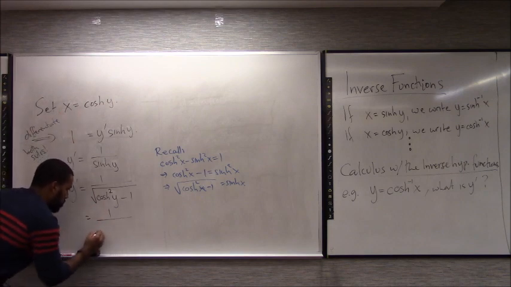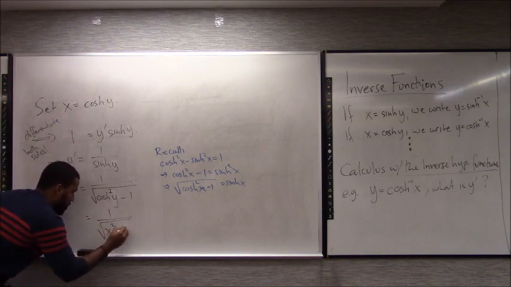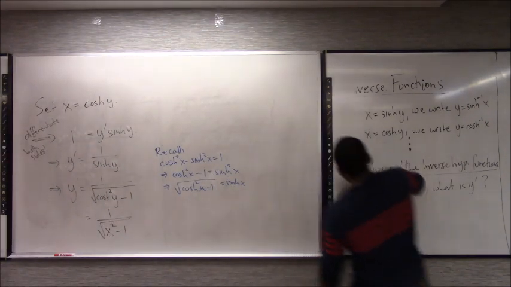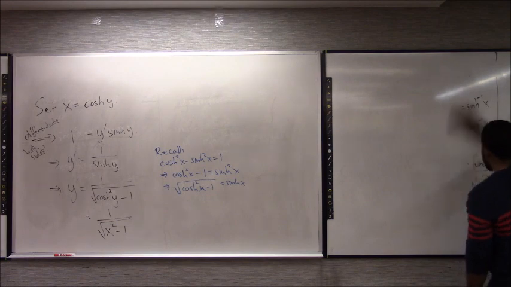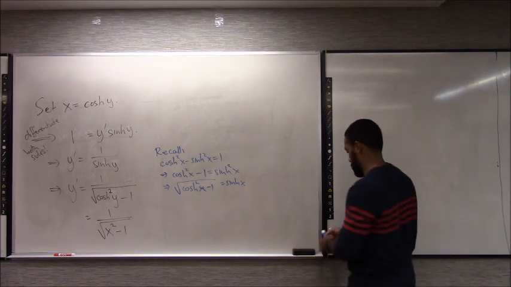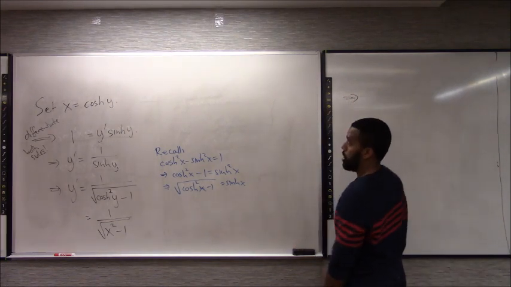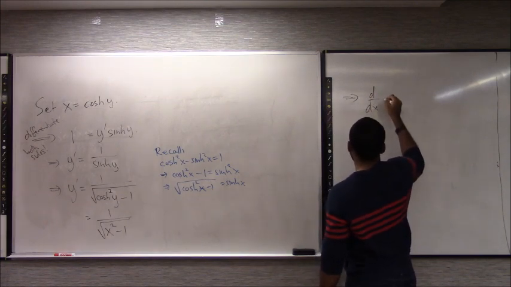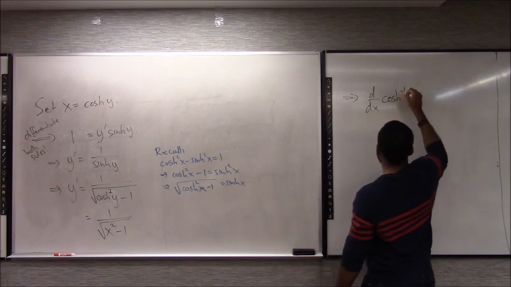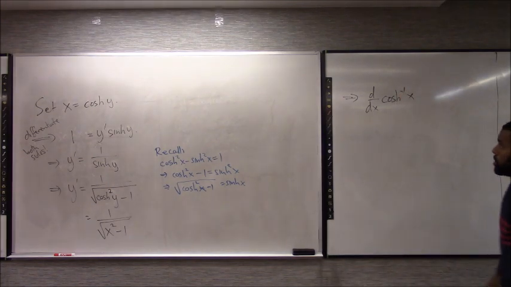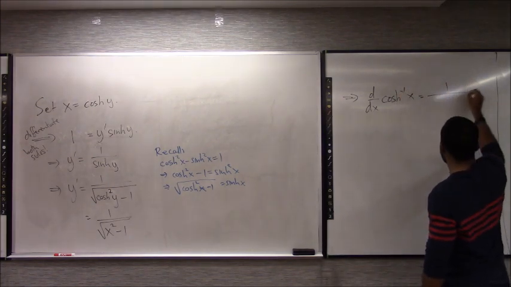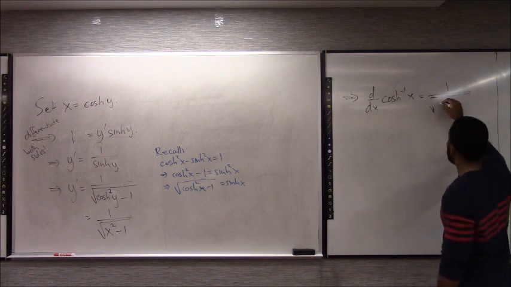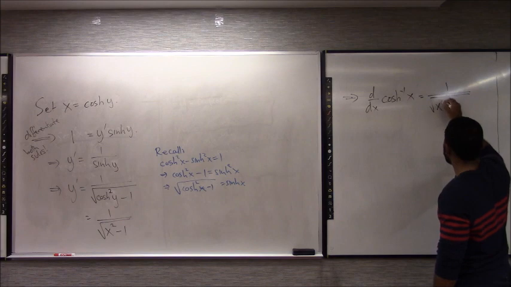So we get 1 over the radical of x squared minus 1. And so this means that the derivative of the inverse cosh is going to be 1 over the square root of x squared minus 1.